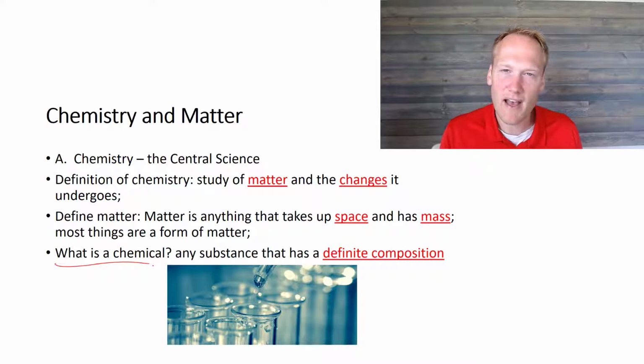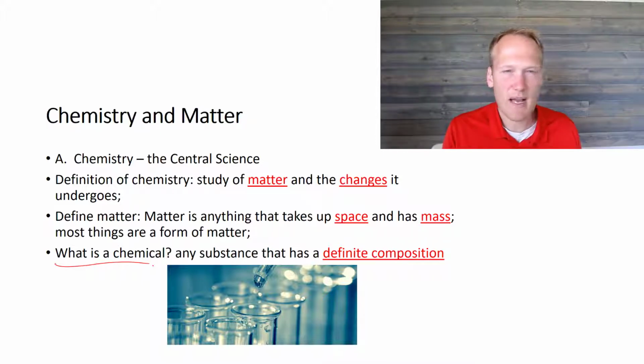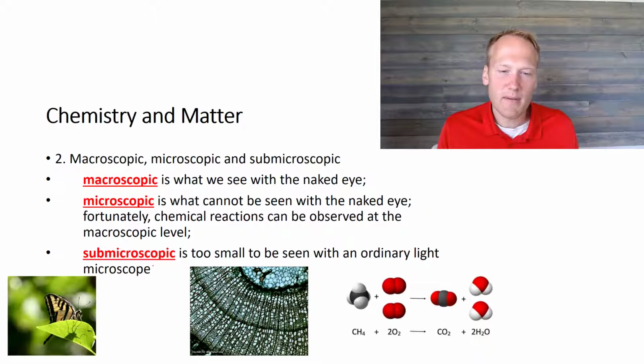There are other ways to have a definite composition, which we'll talk about throughout this semester. But just keep in mind that that is our chemical definition. We will definitely be interacting with chemicals this year and taking a look at how they behave and what changes they undergo.